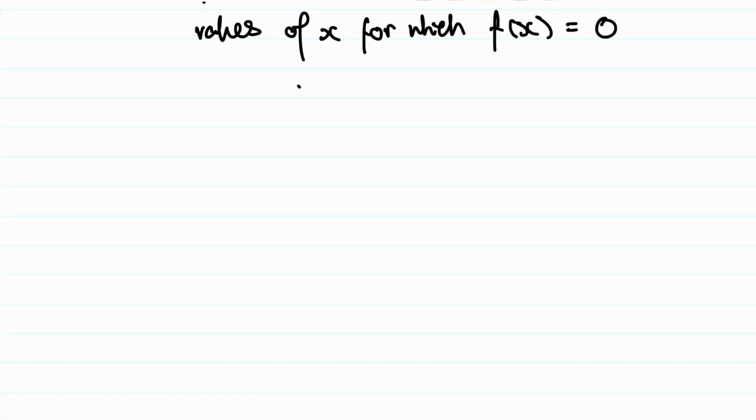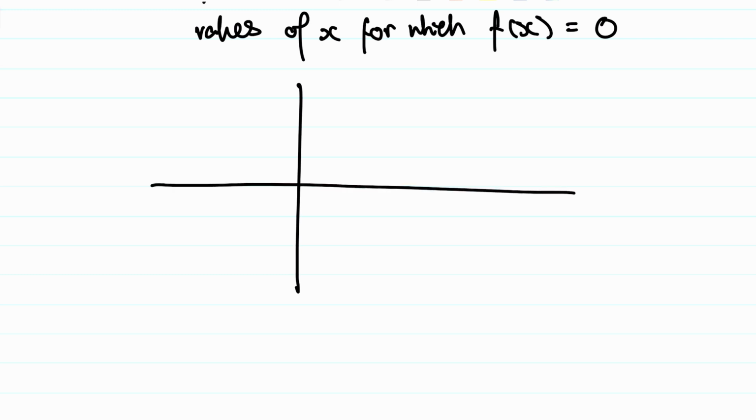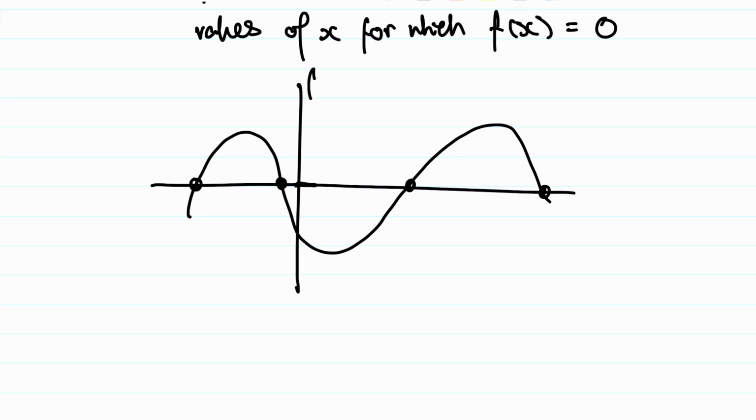So again, graphically, that would just be the points where, if you had some kind of function, it intersects the x-axis. Because at this point, you can see your value of f of x would be 0.